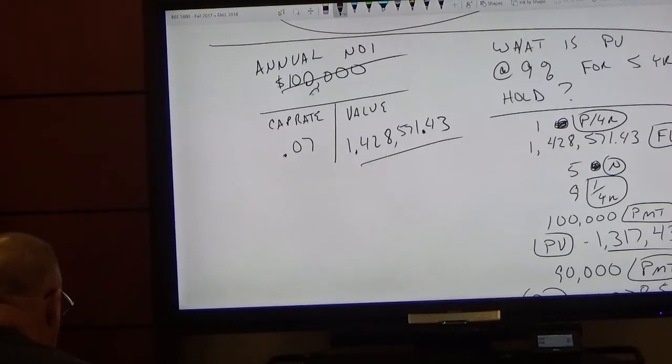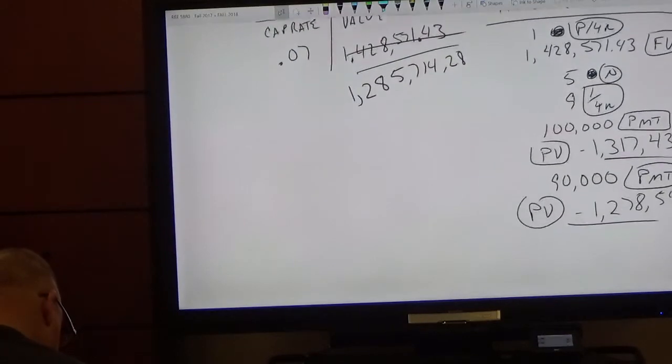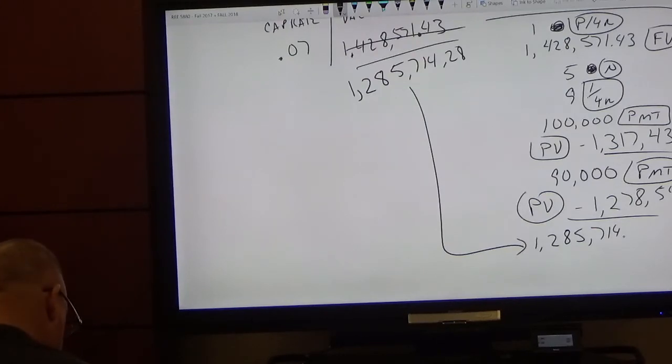So if the income goes down to 90,000, put that amount in as our future value, and then resolve for the present value.